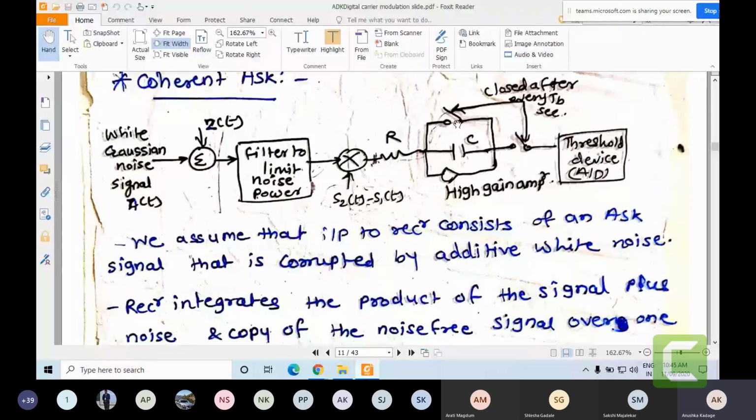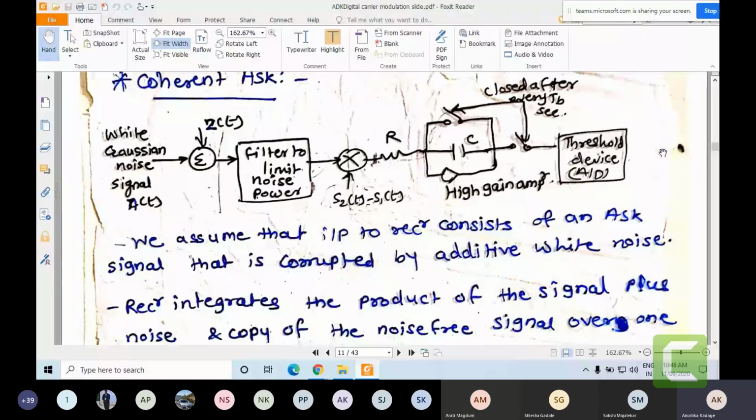If these switches are closed, then only that A square cos square omega c t or 0, whatever is existing, will be given to this thresholding device. And the thresholding device will compare this A square cos square omega c t with the thresholding level, or 0 with the thresholding level, and based on that, from the thresholding device, the 0 or 1 bit will get decoded. This is how in the coherent ASK demodulation 0 or 1 will get decoded.